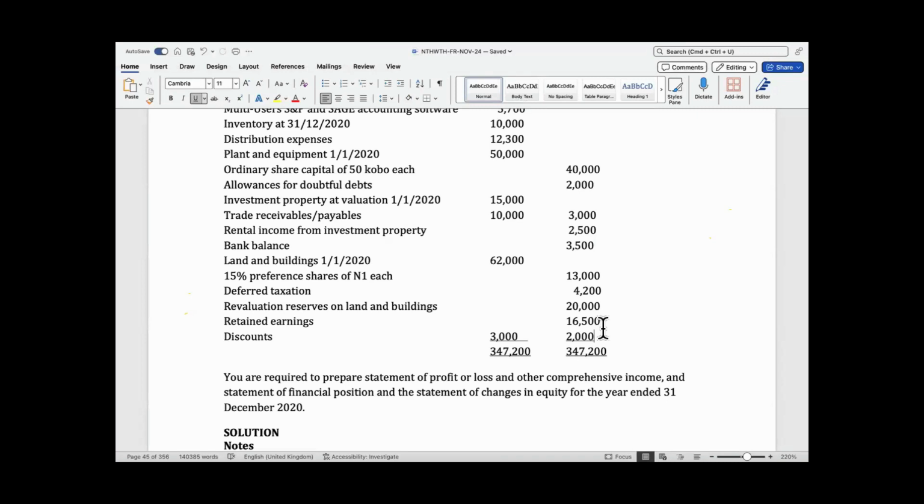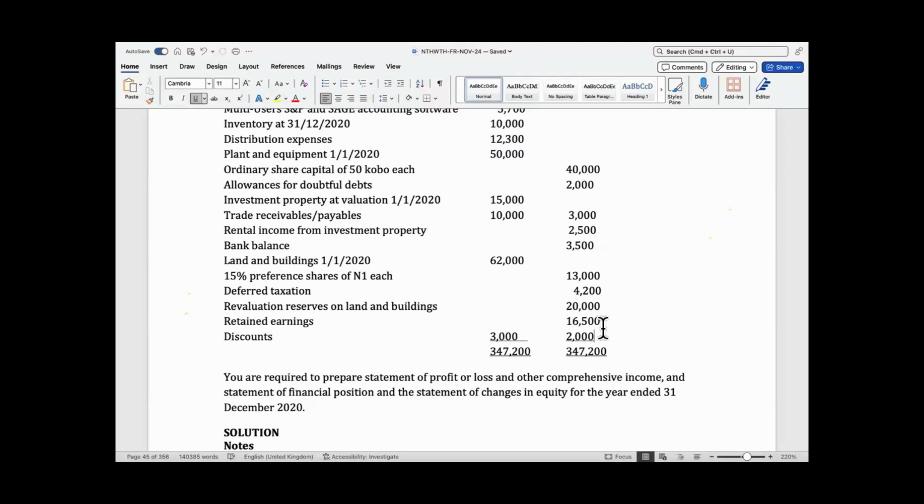So you underprovided for tax. Yes, on the debits is an underprovision for tax. That's what you find. So if they give you current tax, it means underprovision for tax.